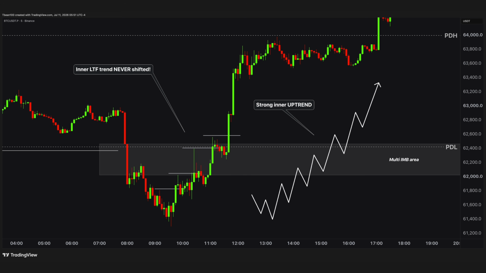No significant break that can convince us that high time frame and low time frame are aligning. Instead, price was rushing towards the previous day high as its new target above. The shift was so strong and the imbalance area did not hold the price action at all.